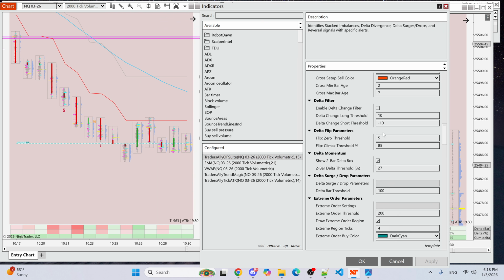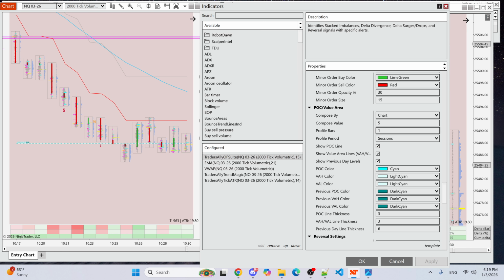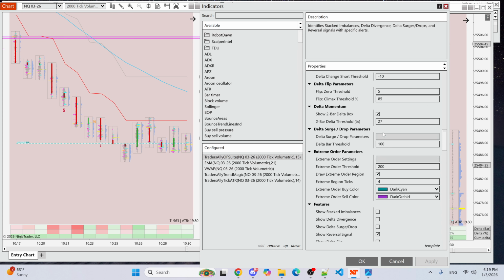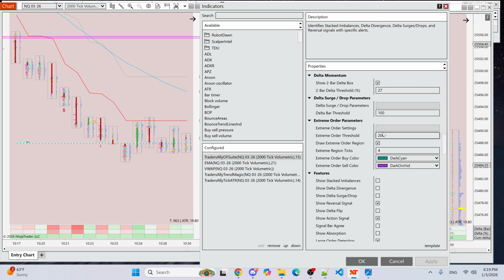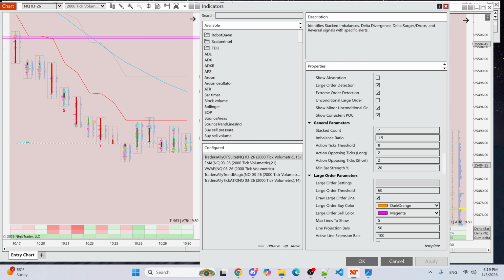Now the action, let's see where it is. It doesn't care about stacked, but it does care about imbalance ratio.